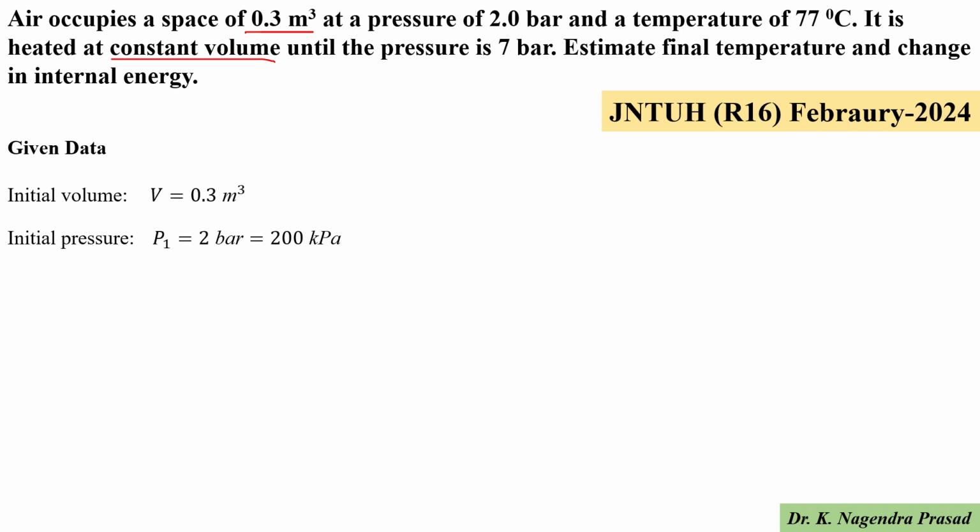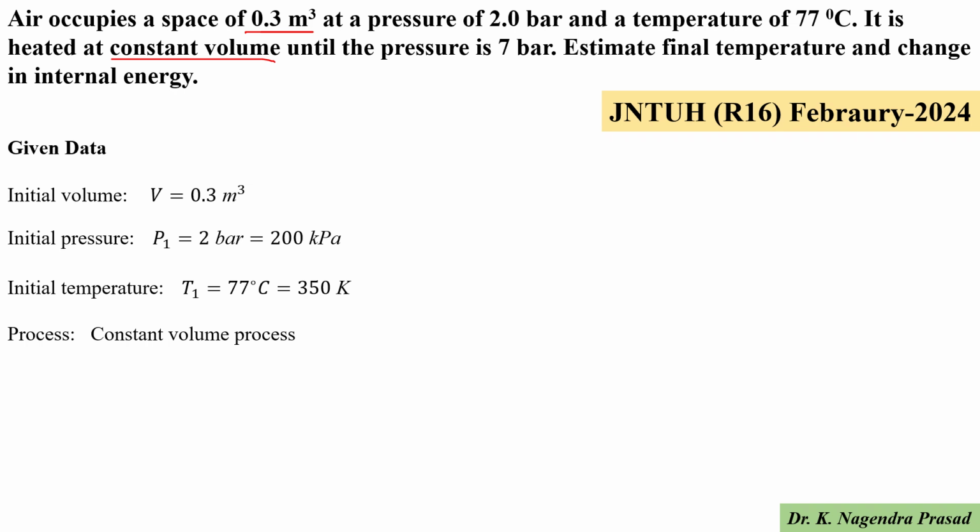Let's consider P1 equal to 2 bar, which is equal to 200 kilopascal. And the initial temperature is also given, that is 77 degrees Celsius, which is 77 plus 273, equal to 350 Kelvin.